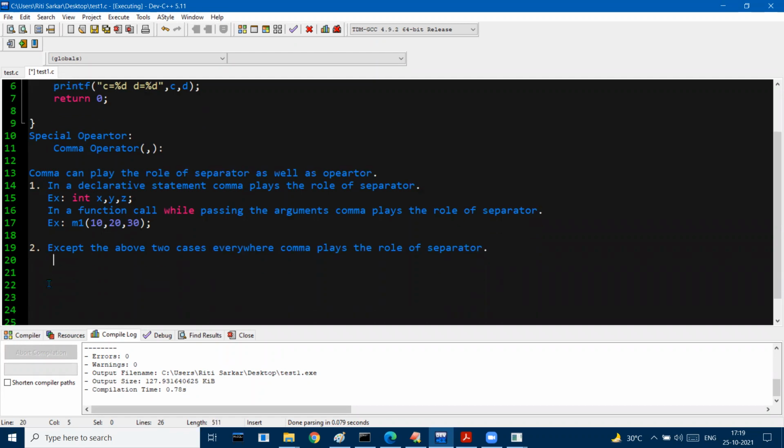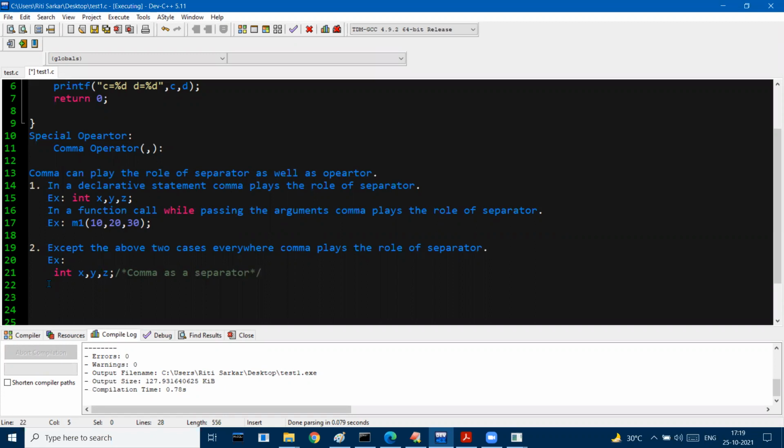Example, suppose I'm writing here: int x, y, z. Here comma is playing the role of separator.